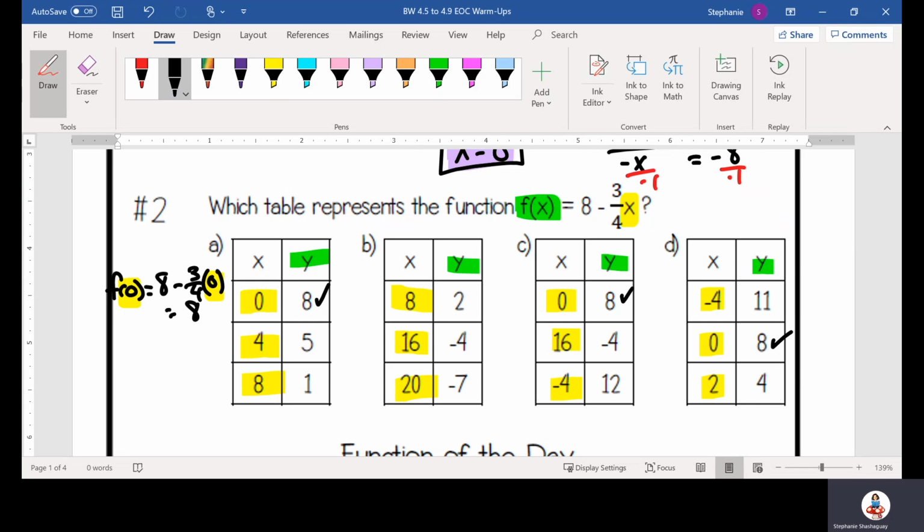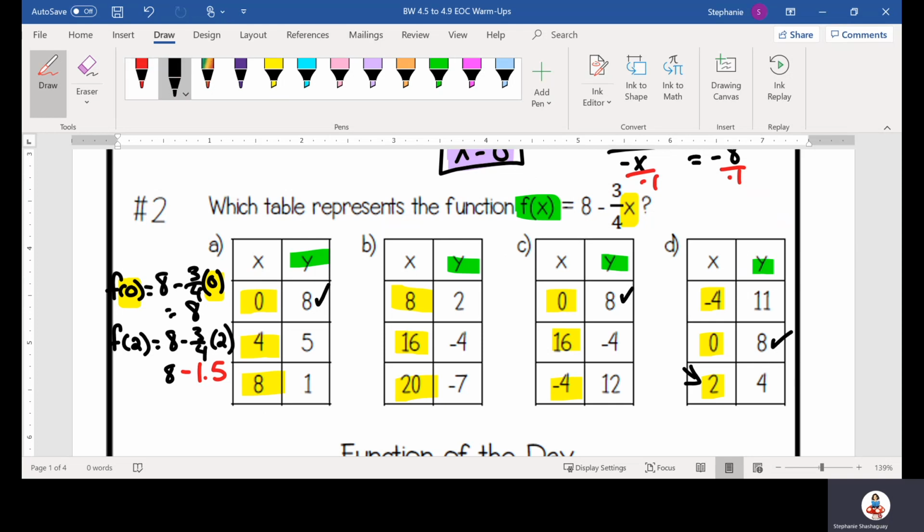Then I'm going to solve f of 2, because I have this 2 right here, and I'm going to try to go in order. So I have f of 2, and that's equal to 8 minus 3/4 multiplied by 2. 3/4 multiplied by 2 is going to be 6/4, or negative 6/4, which is negative 1/2. 8 minus 6/4 is 8 minus 1.5.